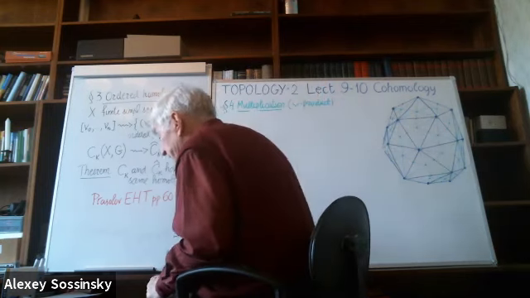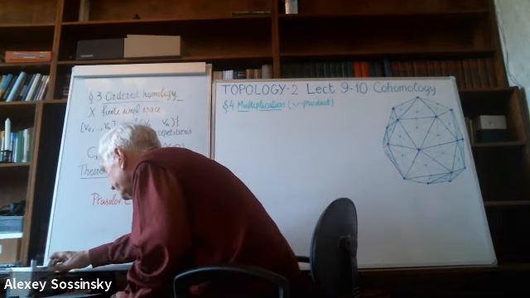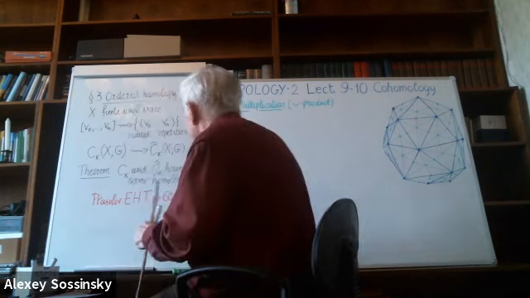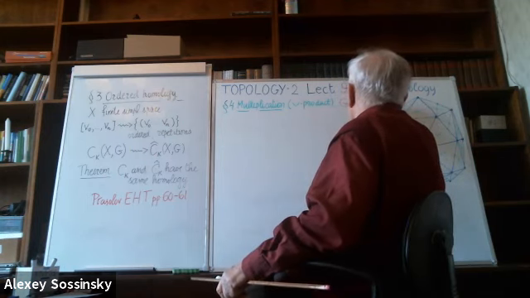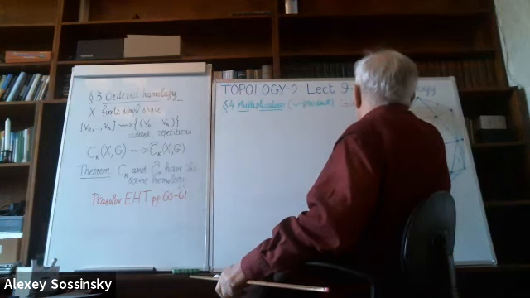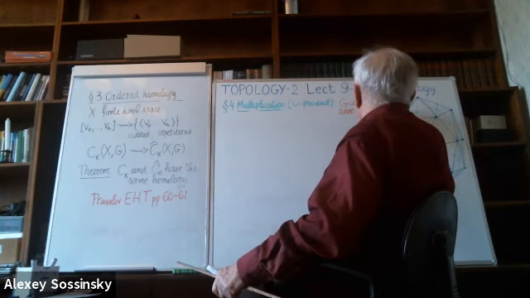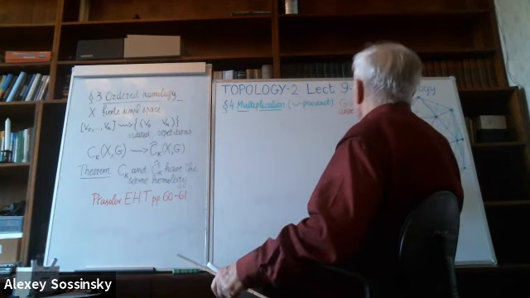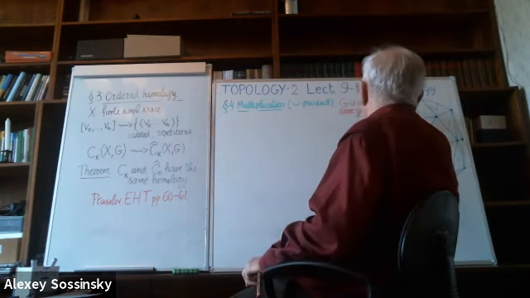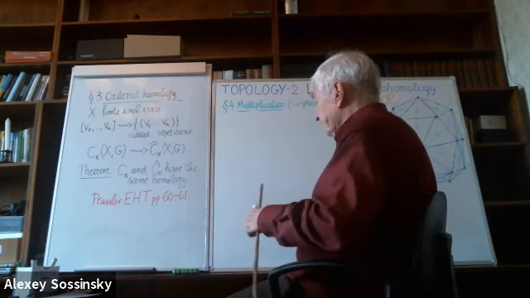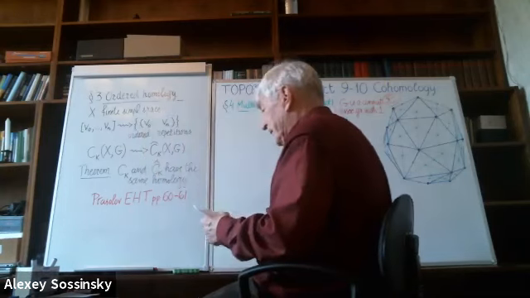To define it, we will need to specify that G, the group that we're considering, is a commutative associative group with unit, and we're going to denote this group by R. So now we're ready to define the product, and we do this as follows.